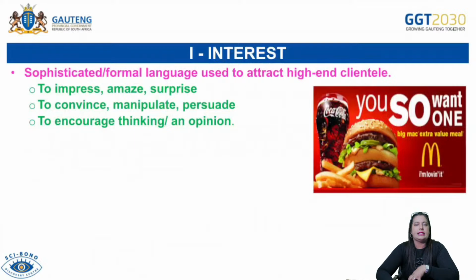So if you're looking at a famous brand like McDonald's, for example, they always have this play on words, you so want one. All right. Now you're thinking to yourself, yes, I do want it. Why? Because if you look at the image that is showcased to you with these burgers, they look so delicious.